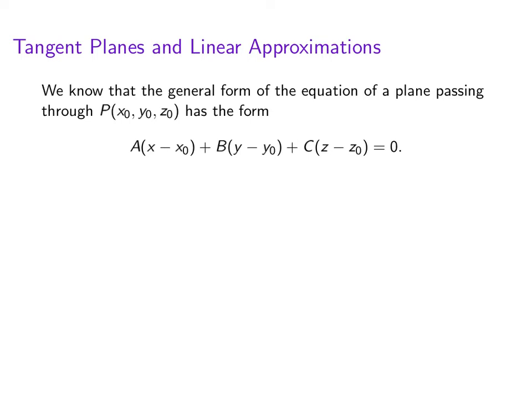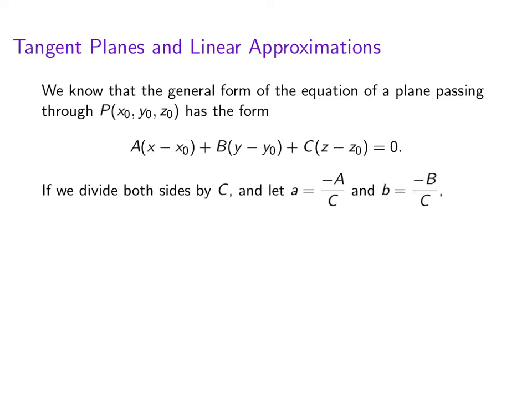And A, B, C are the components of any normal vector. Let's divide both sides by C and define little a to be negative big A over C and little b to be negative big B over C. The whole point of that is that we can rewrite the equation in this form: z minus z0 equals little a times x minus x0 plus little b times y minus y0.